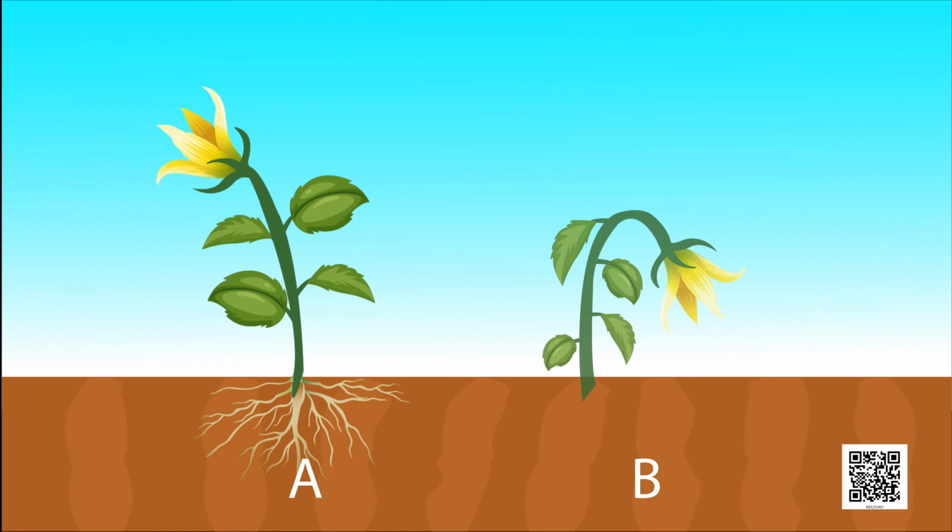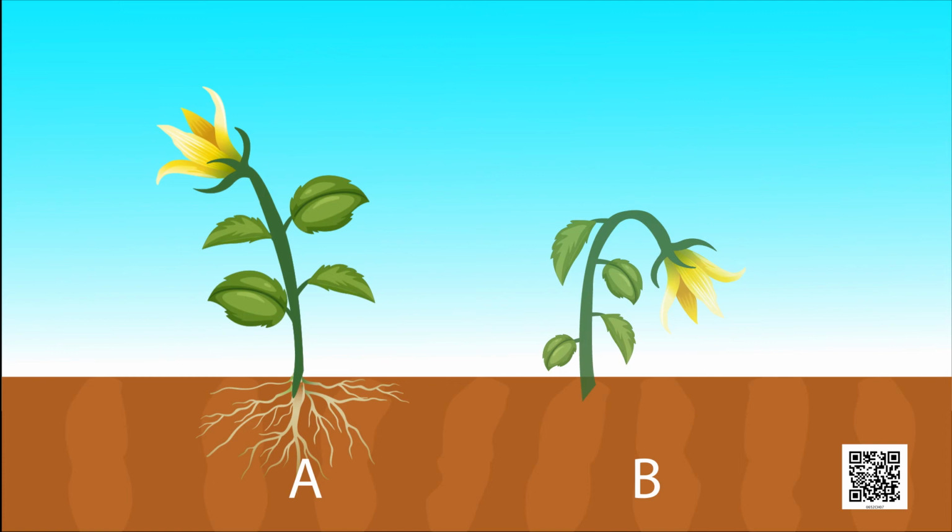So we observe that plant A is healthy as before, whereas plant B is wilted. Let us try to pull these plants out of the soil.